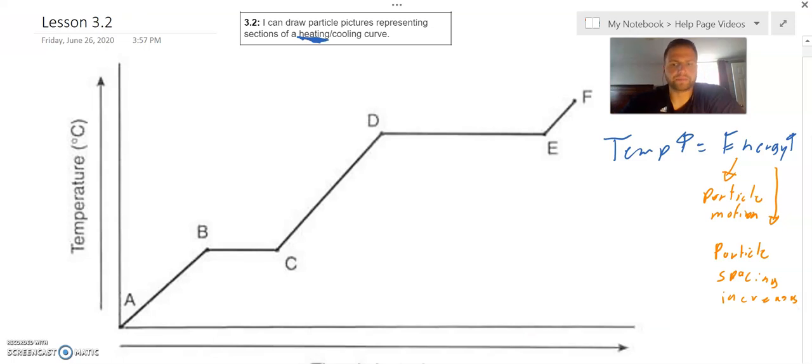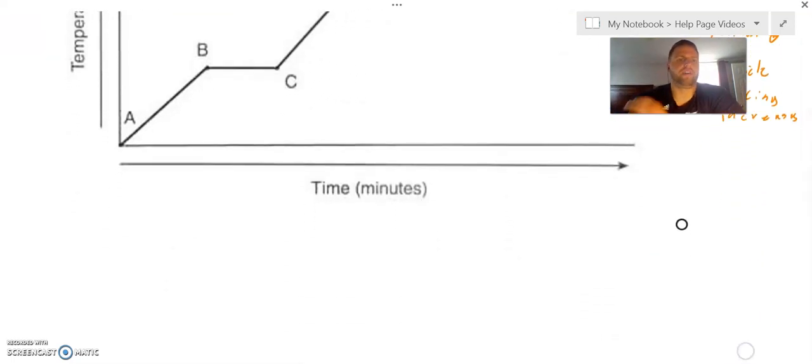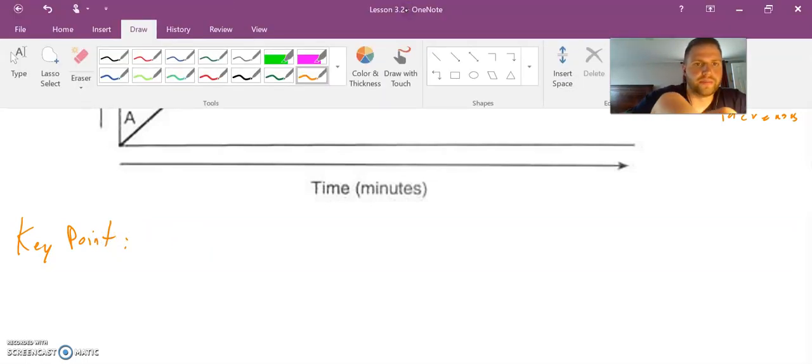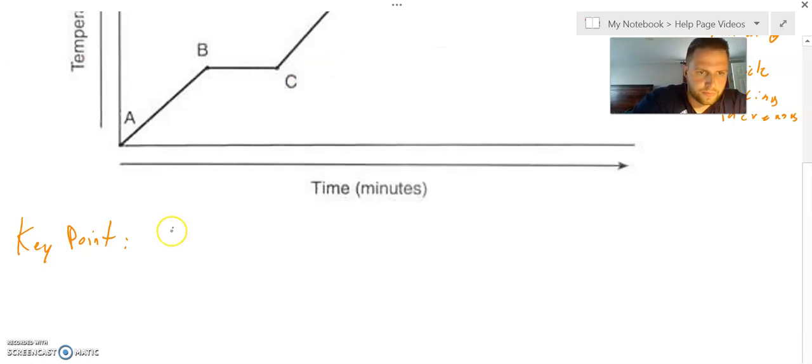Here at the bottom, we're going to write a key point right off the bat that should go into your notebook. When energy enters a system, of water specifically, it can do one of two things.